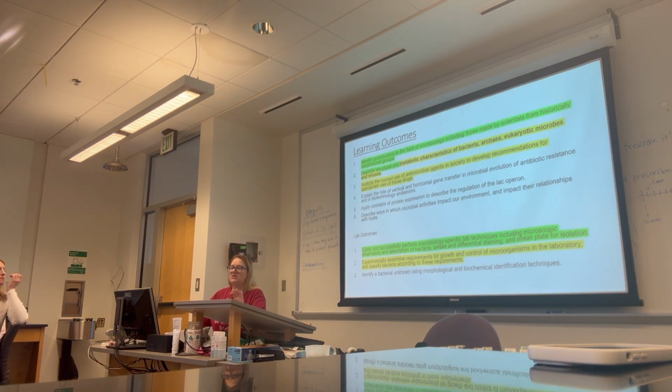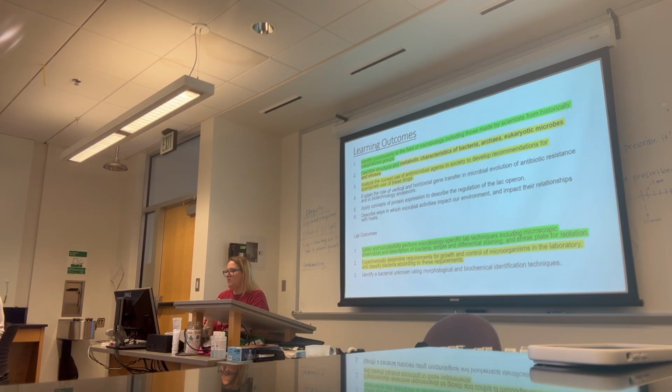I wanted to just show you the learning outcomes for the course. What we've already done is in green, and what exam 2 is about is in yellow. So metabolism, and that's the aerobic and anaerobic respiration. And then what we did today was analyzing the microbial agents and developing recommendations for use of them.